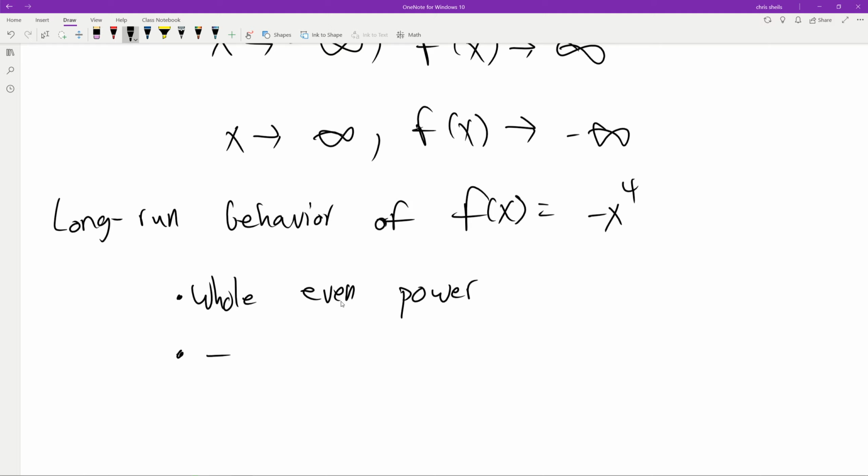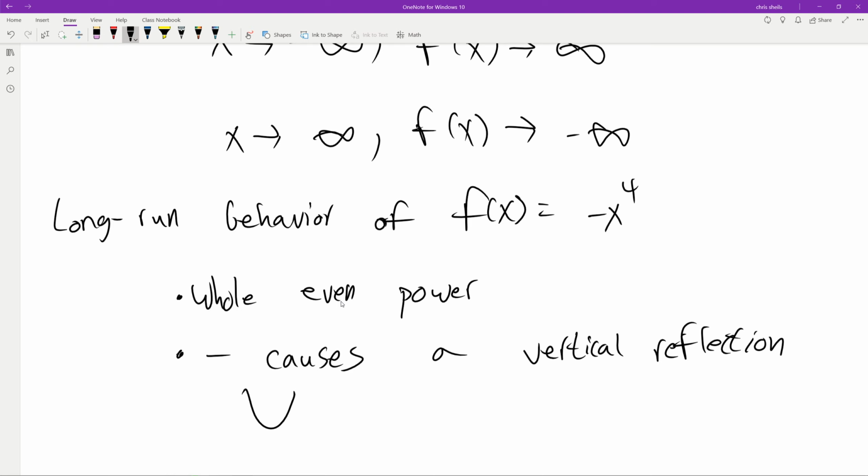Notice that it has a negative sign in front, which is going to cause a vertical reflection. Meaning instead of being like this, instead of being concave up like a typical quadratic shaped graph, it's going to look like this. It's going to be concave down.